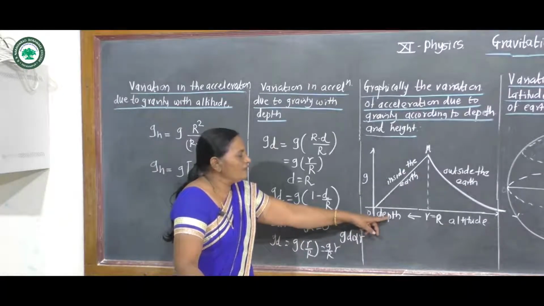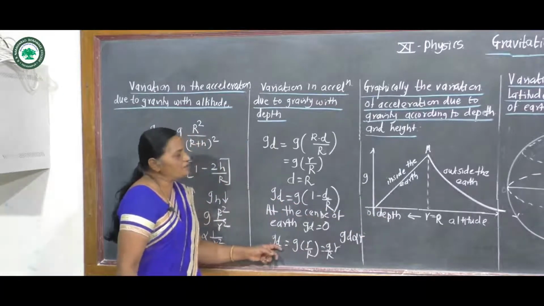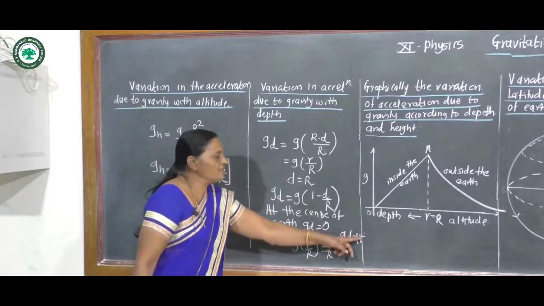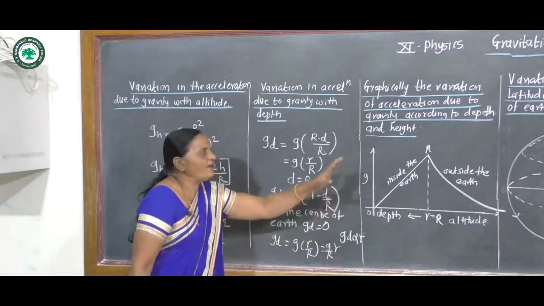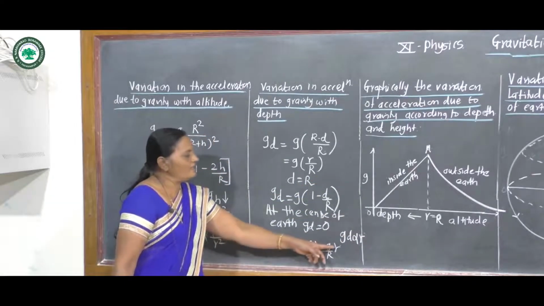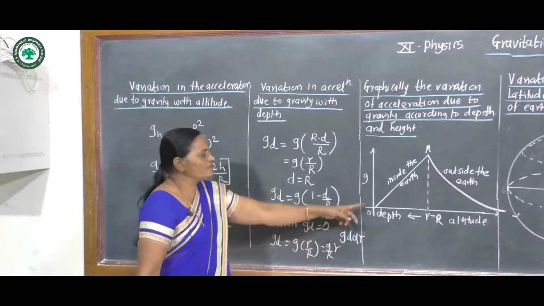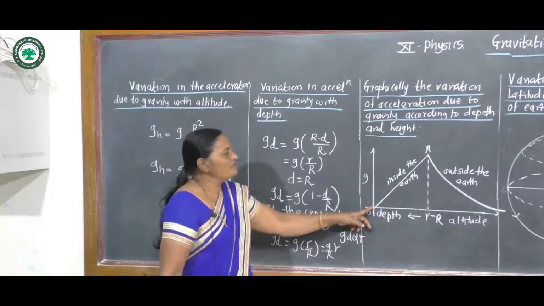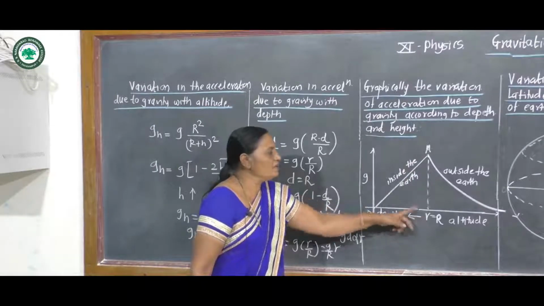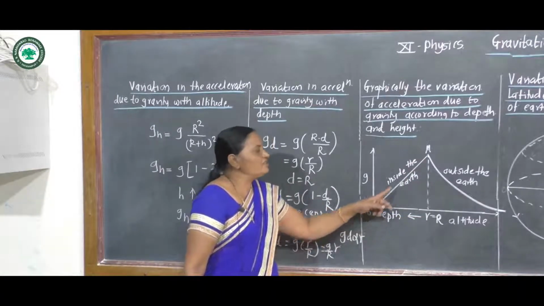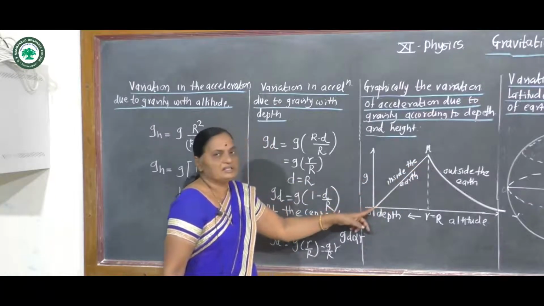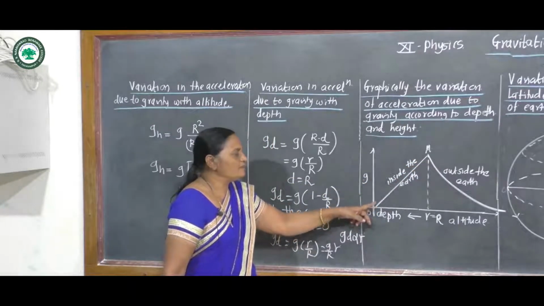In the depth, the acceleration due to gravity is directly proportional to distance r, the radius. This graph indicates that g is directly proportional to r, so it is a straight line passing through the origin.